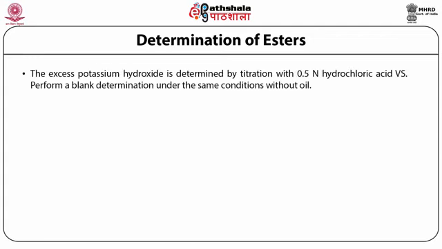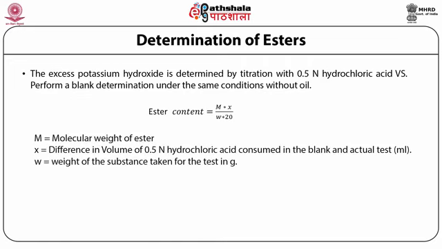The excess potassium hydroxide is determined by titration with N/2 hydrochloric acid. A blank titration is also performed under the same conditions without oil. Then the ester content is determined using the formula, where M is the molecular weight of the ester, X is the difference in volume of hydrochloric acid consumed in blank and actual test titrations, and W is the weight of the substance taken in grams.